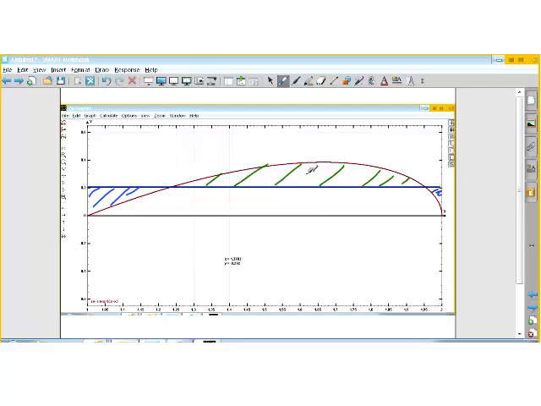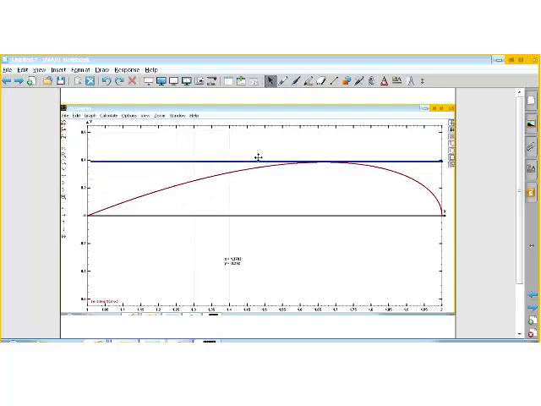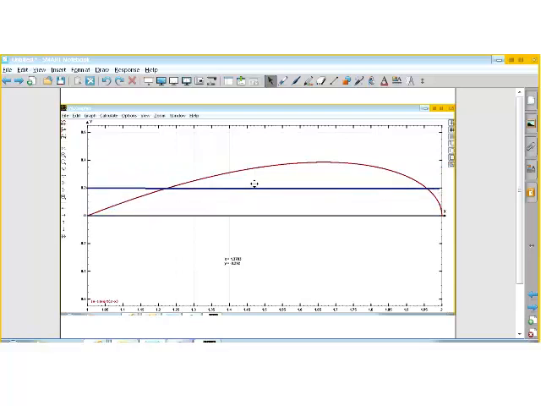Looking at it, this green area is bigger than the blue area. So I'm going to undo that and move this thing vertically. That's making the area under here bigger and this smaller as I move this up. Obviously that's too far, and that's not far enough, so it's somewhere in between.